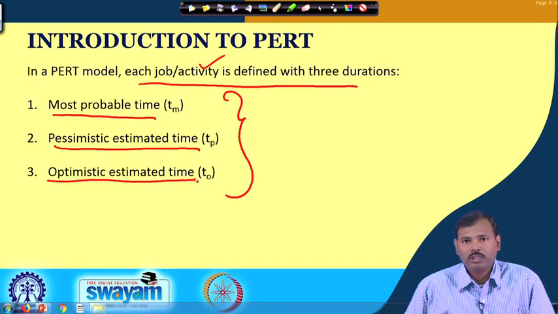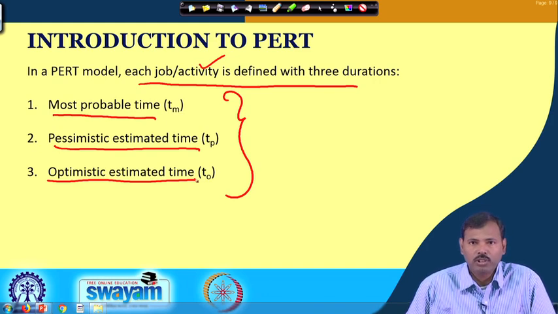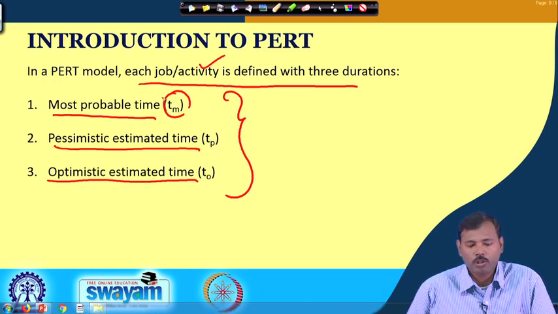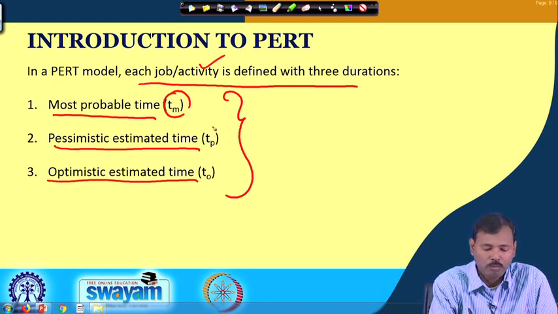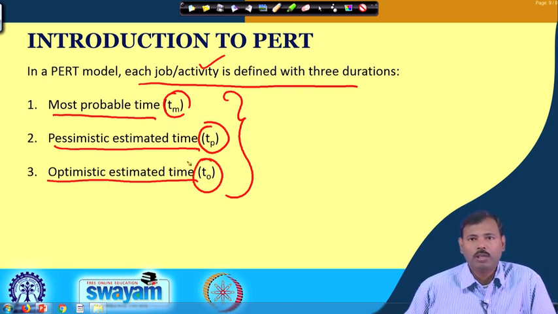So, suppose time is one attribute, in that condition for a single attribute we consider 3 values. One is the most likely or most probable value, another is the most pessimistic value, another is the most optimistic value.